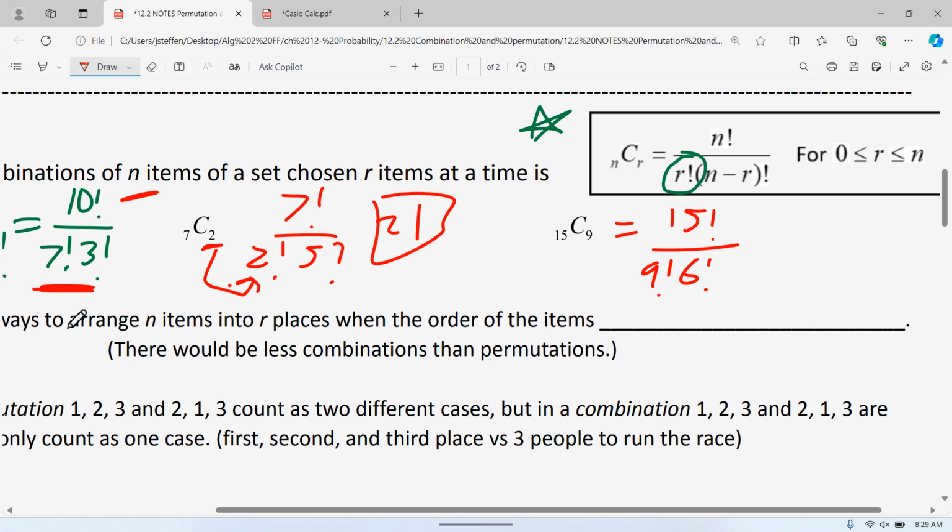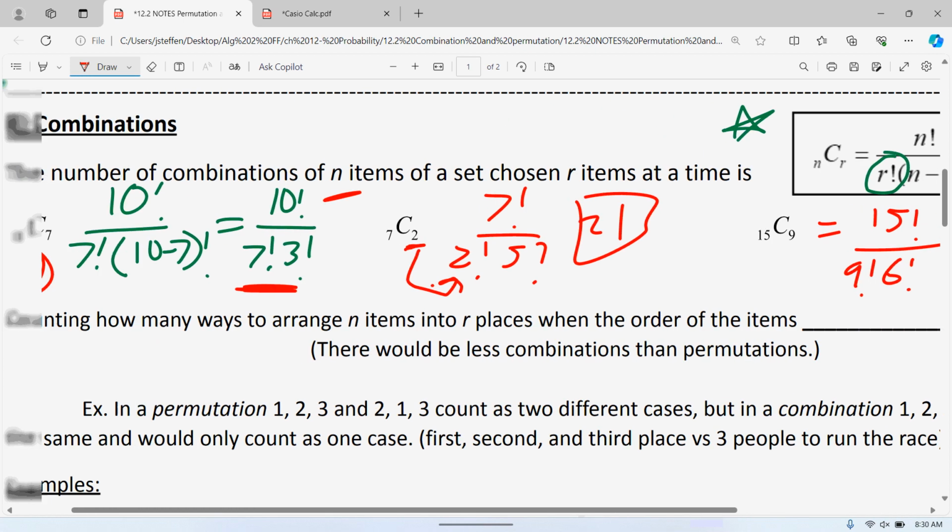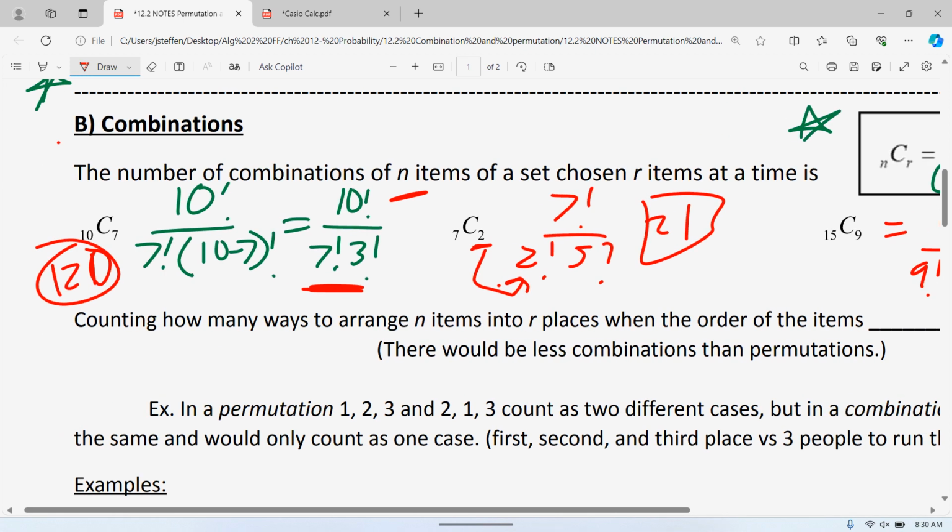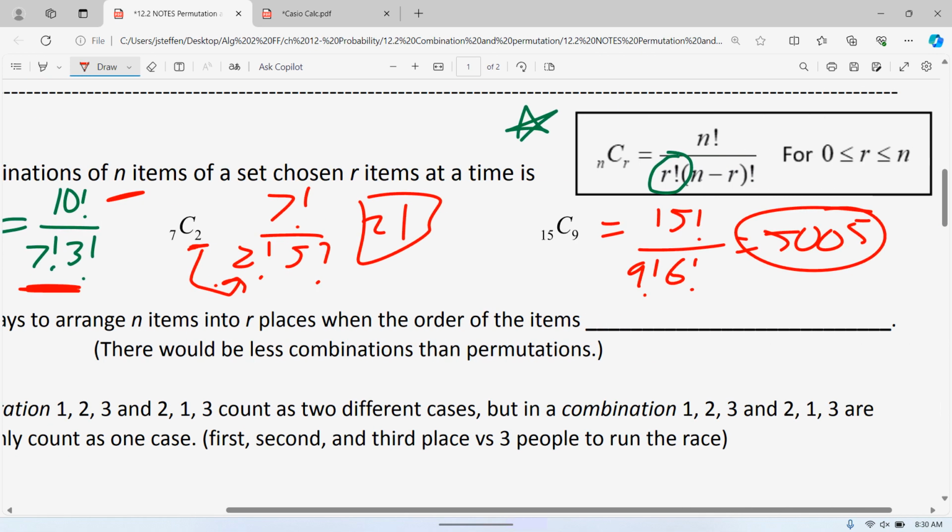And then if you type that in your calculator, 15 combination 9 is 5,005. So as you can imagine, it counts how many ways you can arrange n items into r places when the order of the items does not matter.